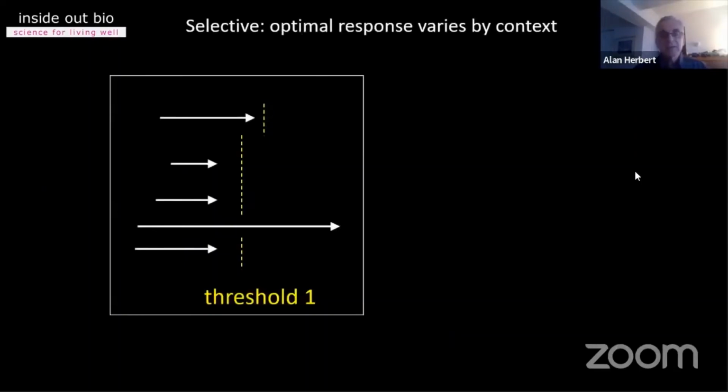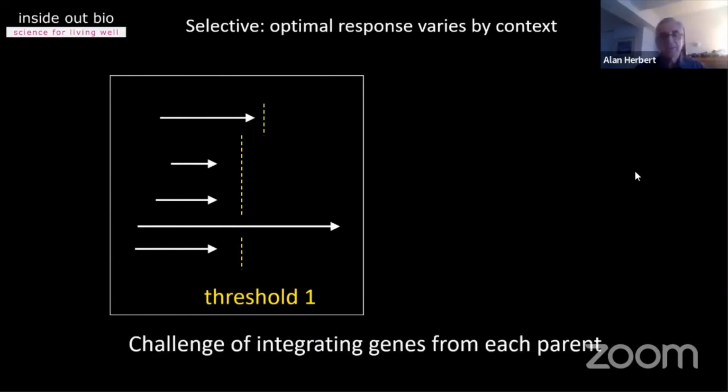Also, it's kind of selective as well. Of all the potential RNAs you can generate and all the potential responses that you can make, you only want to select those that are relevant to the context. And one of the biggest challenges is that in multicellular organisms that have 2 parents, you have to make sure that these genes from the different parents get along, because they've never seen each other before and they don't know what each is capable of.